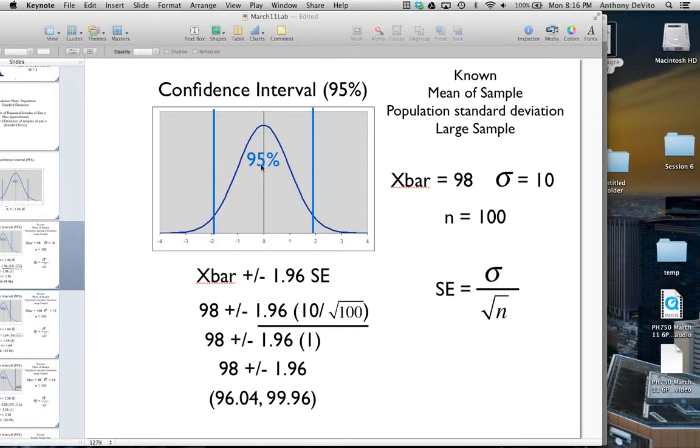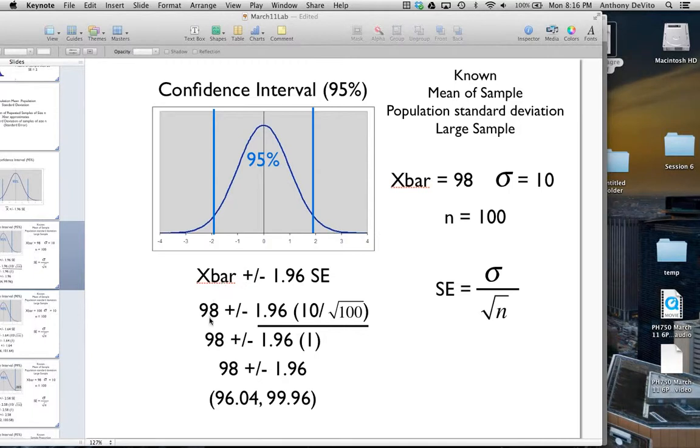So if I wanted to calculate the 95% confidence interval, I would take my mean, add and subtract 1.96 times the standard deviation for the samples, or the standard error. This whole section right here, 1.96 times the standard error, I'm adding and subtracting from the mean in order to get a range.